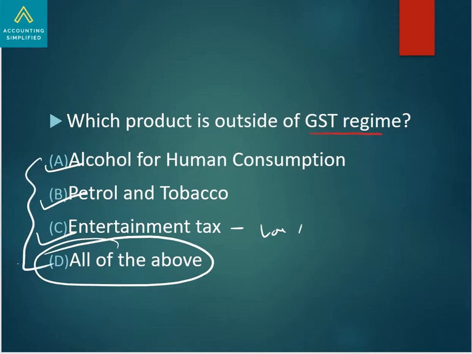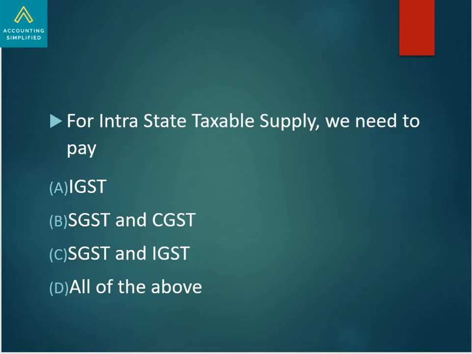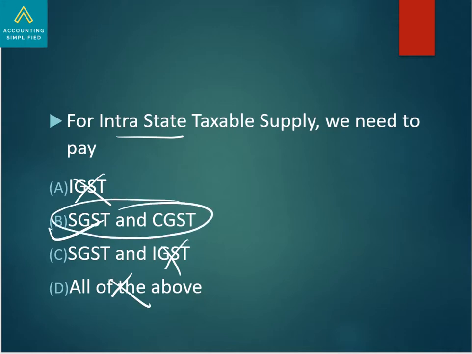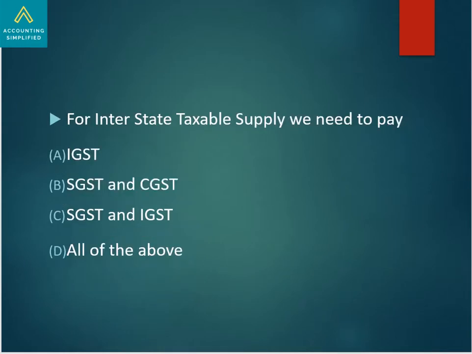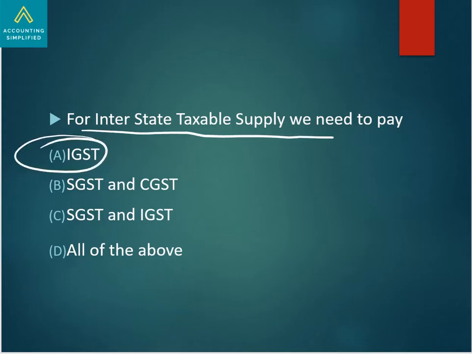Next, for intrastate taxable supply, intrastate means within the state. We need to pay what? IGST? No. All of the above? No. So SGST and CGST. For interstate taxable supply, we need to pay IGST. Simple, right? I hope that you understood this.